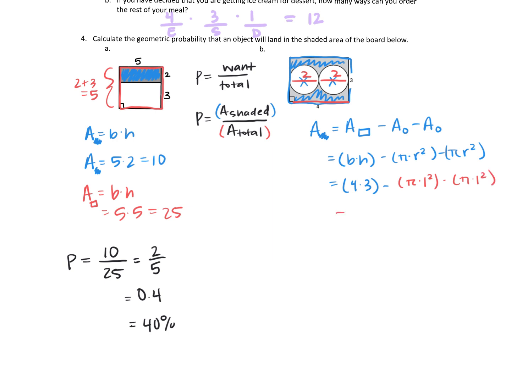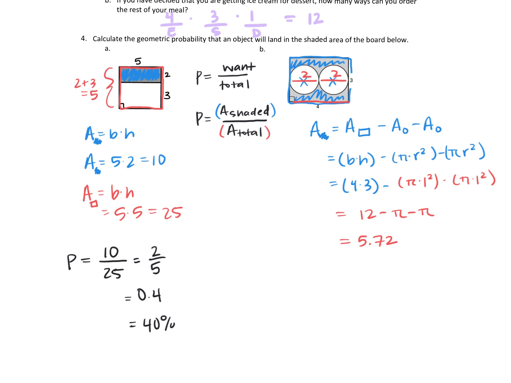So I'm going to have 12 minus pi minus pi, since 1 squared is 1. For this next step, I would need a calculator to take 12 minus pi minus another pi, and I'm going to get 5.72. And that's going to be the shaded area again.